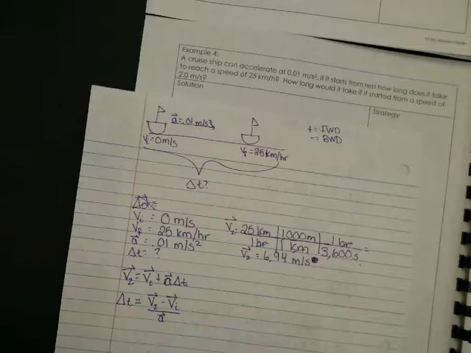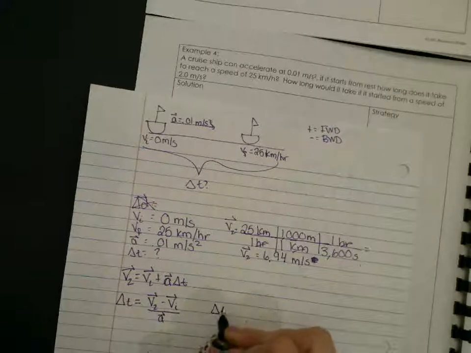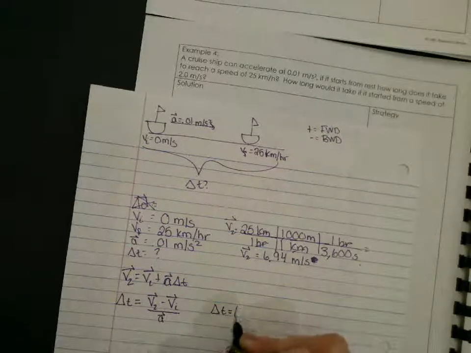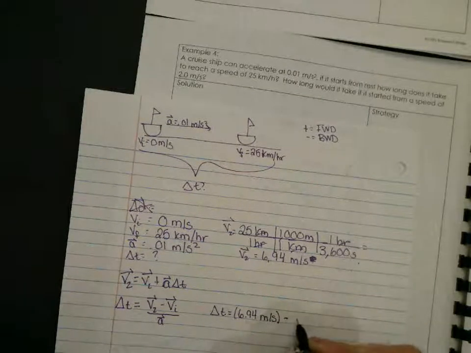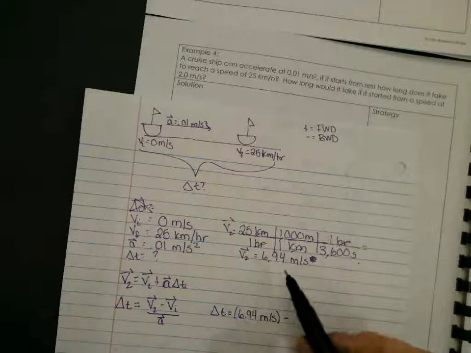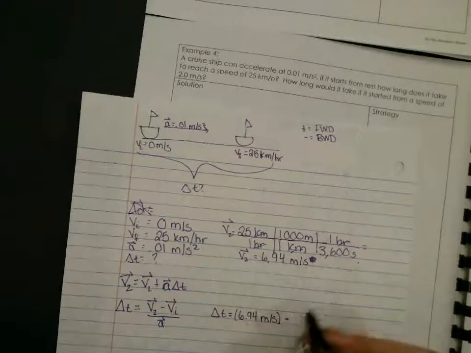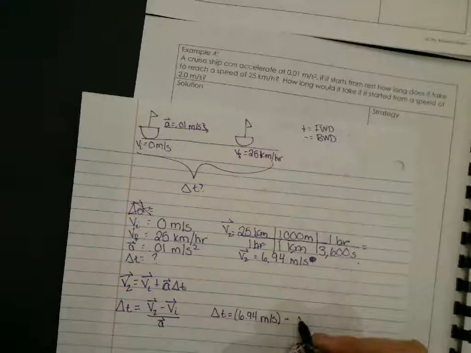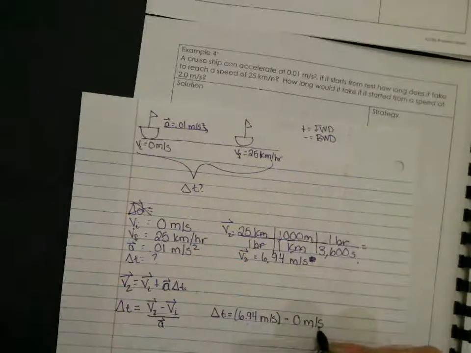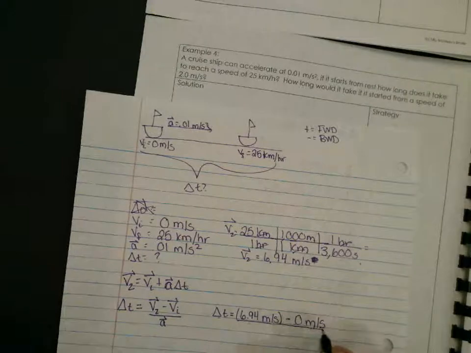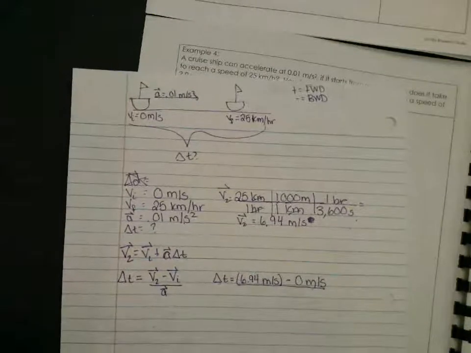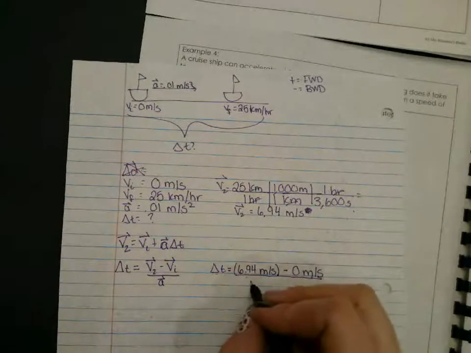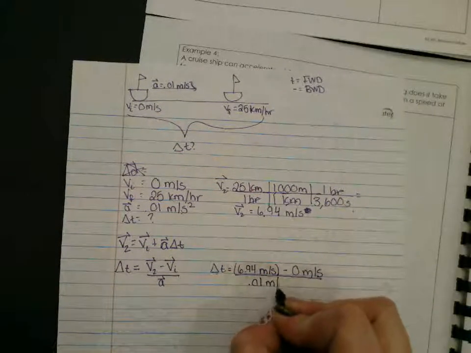All right. Now I can plug in what I know. My change in time is equal to 6.94 meters per second minus my initial velocity, which was 0 meters per second, all over my acceleration, which is 0.01 meters per second squared.